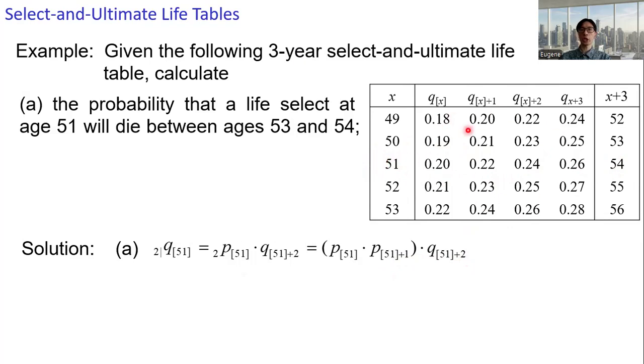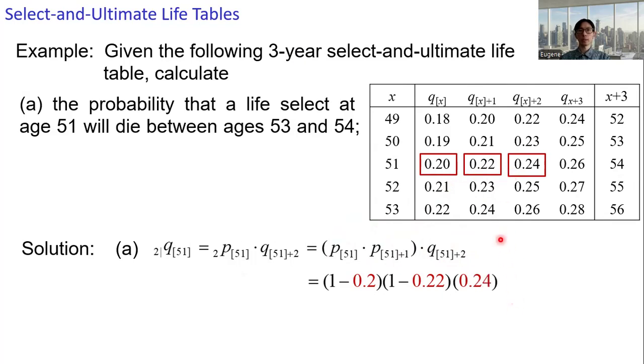These are all Qs. q51 is 0.2. So we have the first term 1 minus 0.2 for the p. And then p51+1, 0.22. And then the next one, 0.24. And then we get the answer 0.1498.